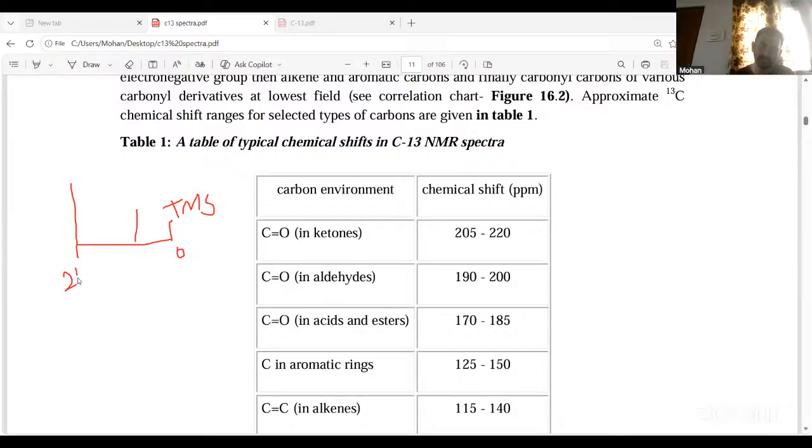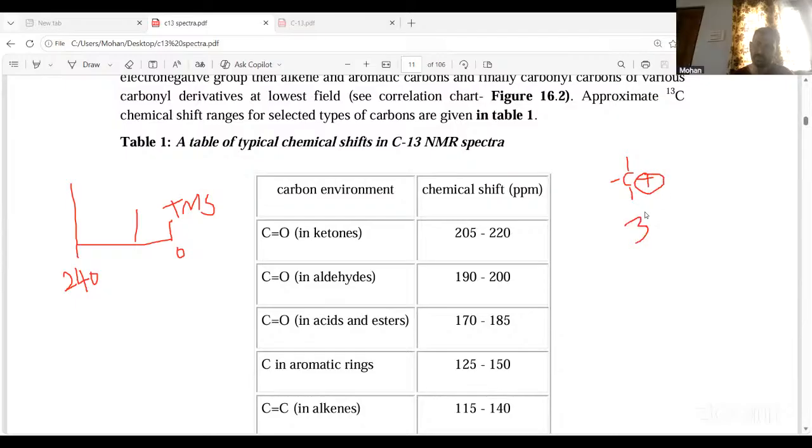It is 240 maximum, because the carbon compounds fall in this range only, except for the tertiary carbocation. For the tertiary carbocation, the chemical shift value is 334 ppm.